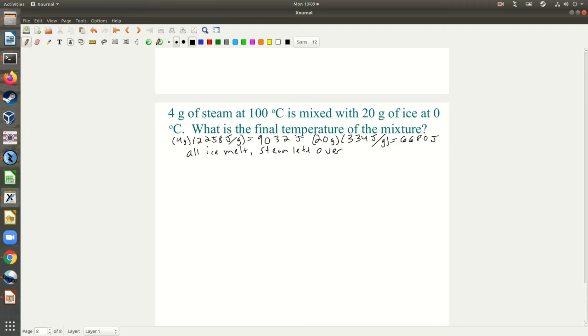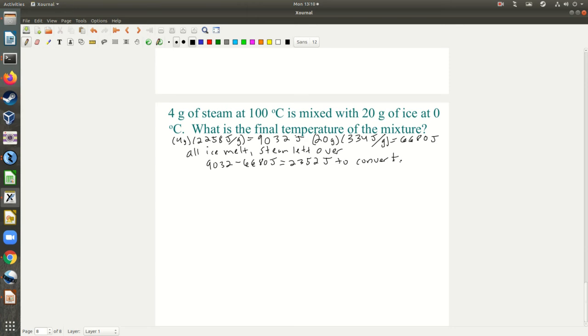Your job is to figure out how much energy it takes to get rid of the rest of the steam. Well, we'll take the difference: 9032 minus 6680 joules, and I get 2352. So it's going to take 2,352 more joules of energy to convert the rest of the steam.